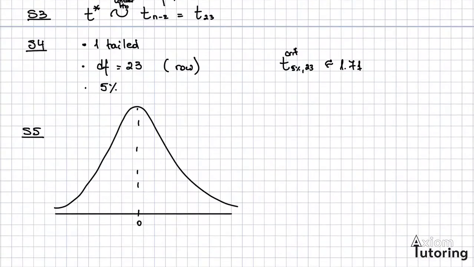Now, this is a one-tail test, which means that once I have my t-critical, so my t-critical is right here, being 1.71. My rejection area is anything that is beyond that, so this is where I reject the null hypothesis. And keep in mind, this entire tail in here, this entire thing is 5%. Okay, so anything beyond that, I know I will reject it.